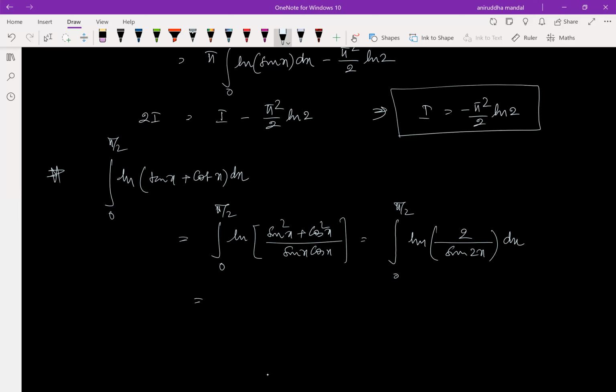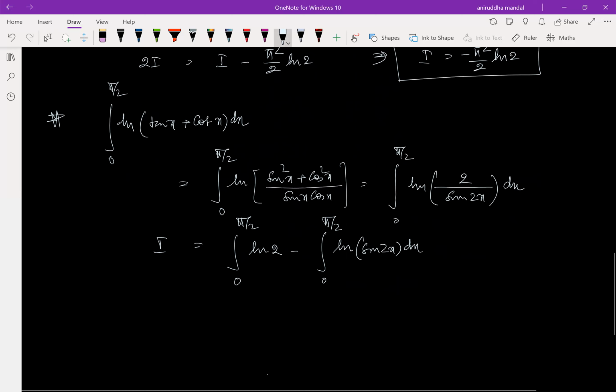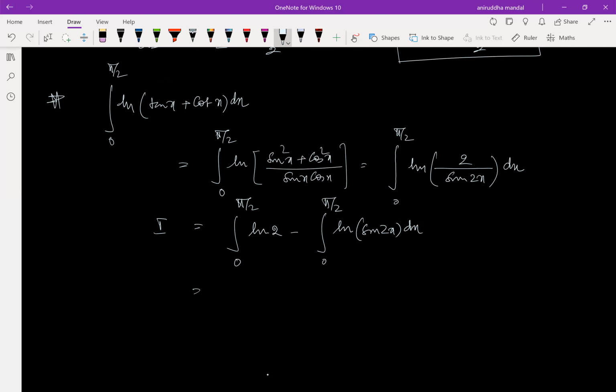Okay, so this is the integral from 0 to pi by 2 of log 2 minus the integral from 0 to pi by 2 of log sine 2x dx, and this is originally I. Now this first part is simple. This is pi by 2 ln 2 minus, and let's say this is I1.